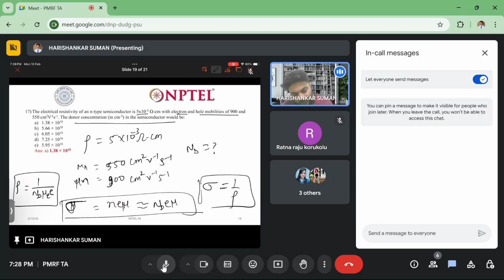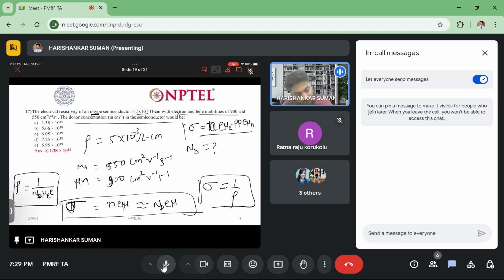If this material is n-type, the concentration of electrons is too high, so you can use ND only. We have to use number of charge carriers, electron e mu e, and number of holes, electronic charge, and mu h.